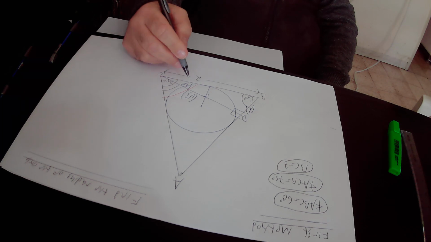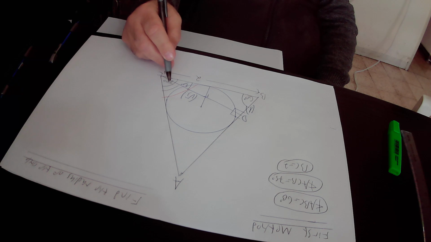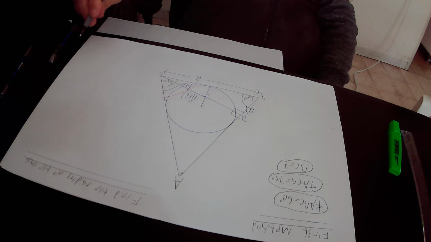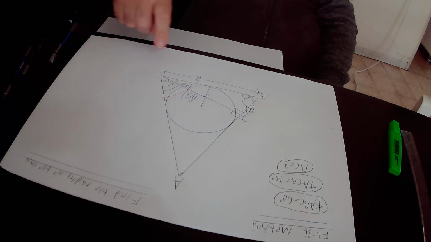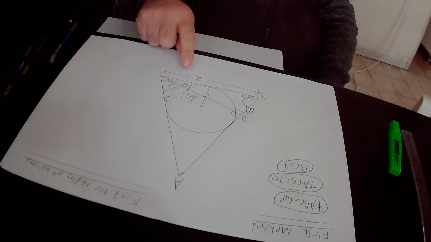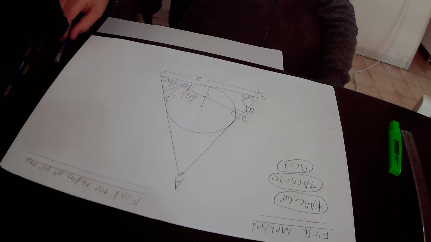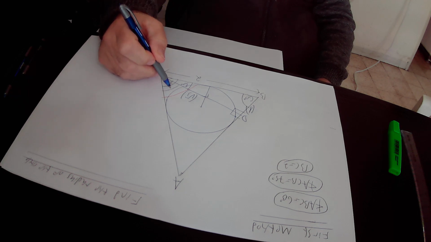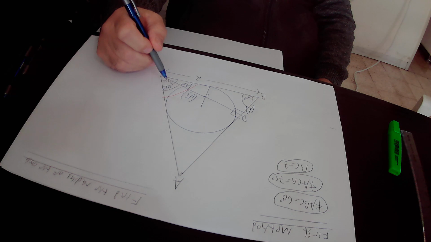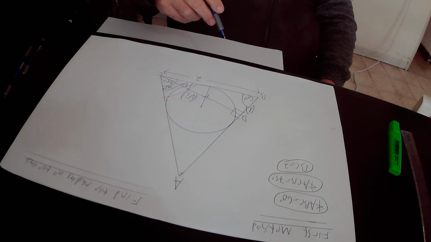The big angle equals 75 degrees, the small angle equals 30 degrees. 75 degrees minus 30 degrees is 45 degrees. So we found out that the missing angle DCA equals 45 degrees in its size.